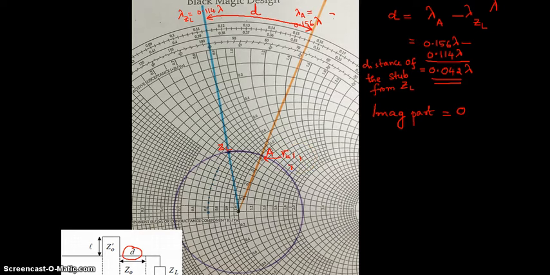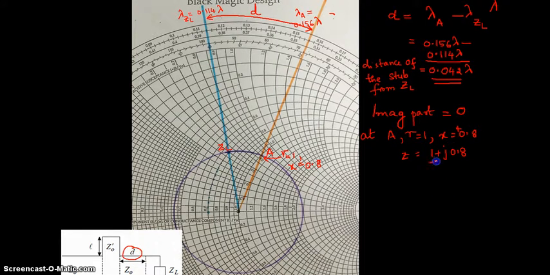So X, if you go back to the imaginary value, you will find that it is 0.8. So at A, R is equal to 1 and X is equal to plus 0.8. So you can write it as Z is equal to 1 plus J 0.8.